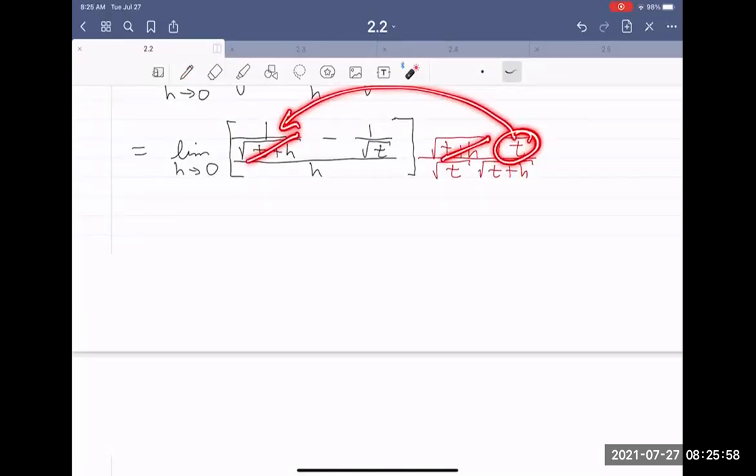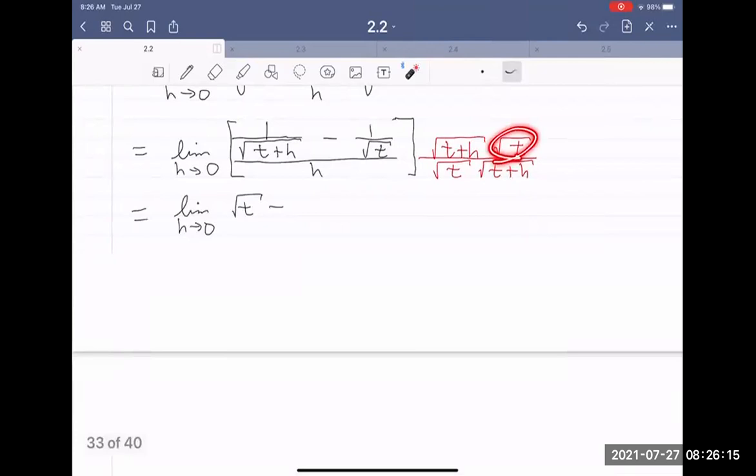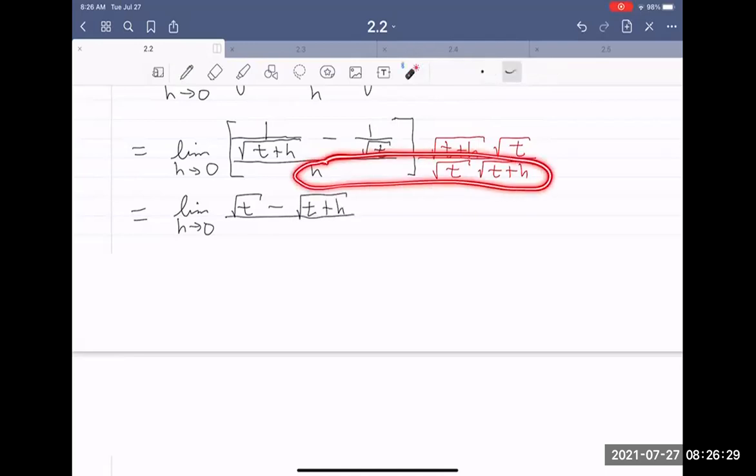So you're just going to get the square root of t. The square root of t's cancel. So all that you get here is the square root of t plus h. And well, for your denominator, you get that huge product.